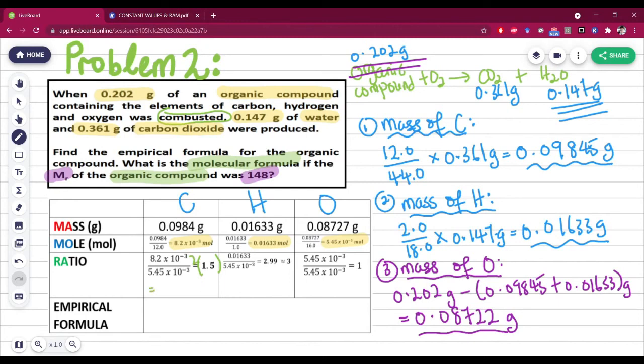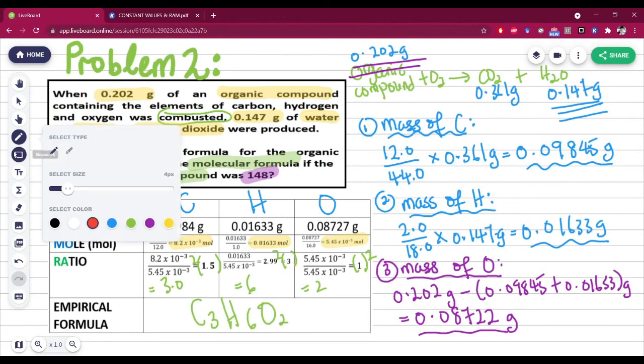So when you times 2, you have 3.0. So when you times that by 2, this one needs to be times by 2 as well. So you get 6. Okay. And then this one needs to be multiplied by 2 as well. Then you have 2. So the empirical formula will be C3H6O2.